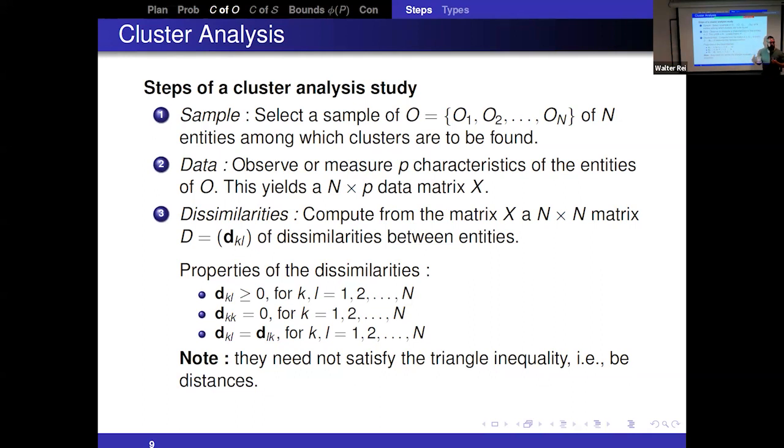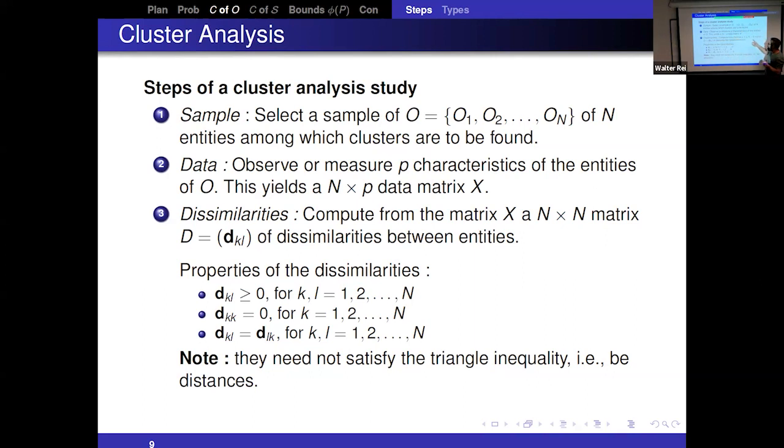Step 3 is to define the dissimilarities. You need some measure, some way of quantifying how close or far apart 2 entities are from one another. The way that you define the dissimilarity is based on the data that was chosen. So the choice of data will be used in defining the dissimilarity.